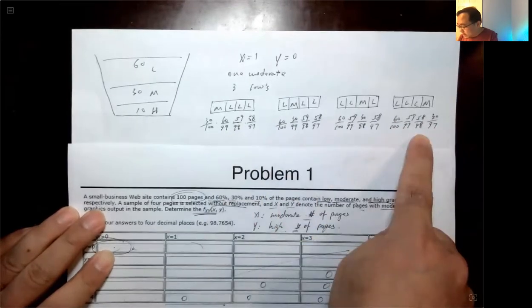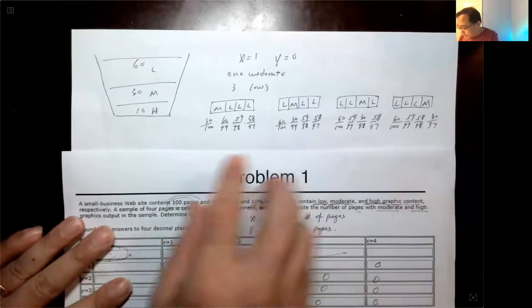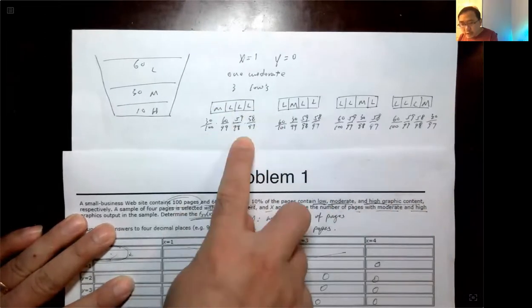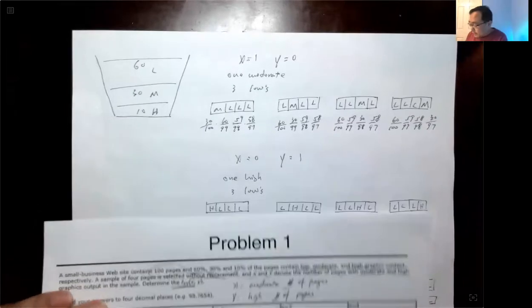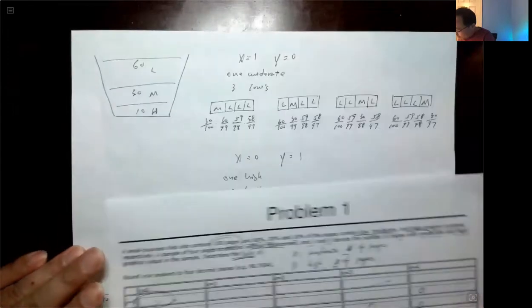Although the sequence could be different, their probability value will be the same. So you just need to calculate one and then multiply by four, right? Now, let's see another case.